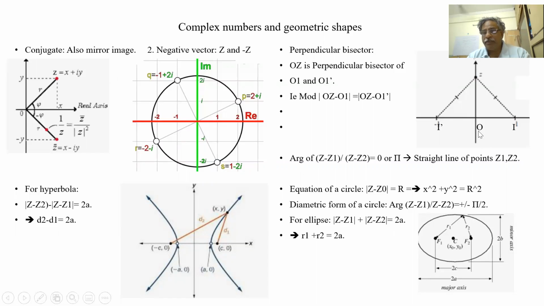If you see the perpendicular bisector, all the points on this center line between I and I dash form a perpendicular bisector to the points I and I dash.